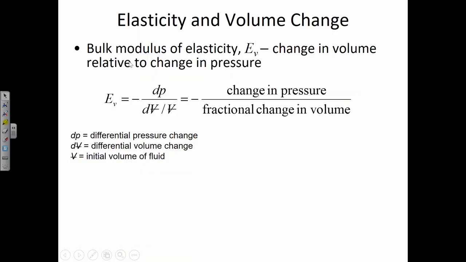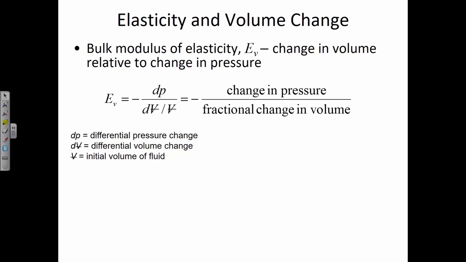All right, here's the last topic we're going to discuss today, and that is the fluid property of elasticity. Now, just moments ago, I told you that water is incompressible, right? Well, here's the first time I'm contradicting myself. You didn't even have to wait like 5 minutes. Water is kind of compressible. And the way that we can measure how compressible a fluid is is with a property that's known as the bulk modulus of elasticity. What that parameter relates is how much pressure is required to have a fractional change in volume.